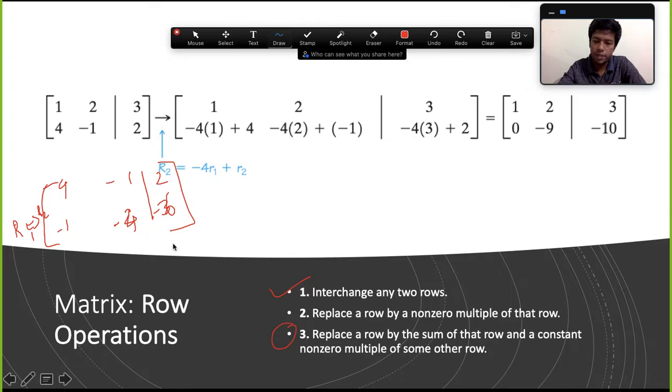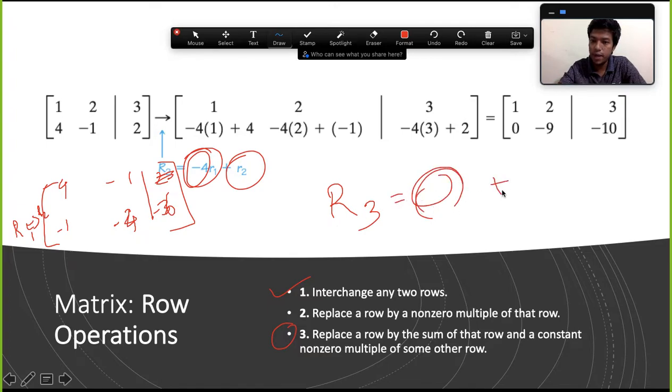And the third one is: replace a row by the sum of that row and a constant non-zero multiple of some other row. When we are doing an operation on row 2, we do something in row 1, then add it to row 2 when replacing row 2. Suppose you are replacing row 3, then you do something in the other row, then plus row 3.